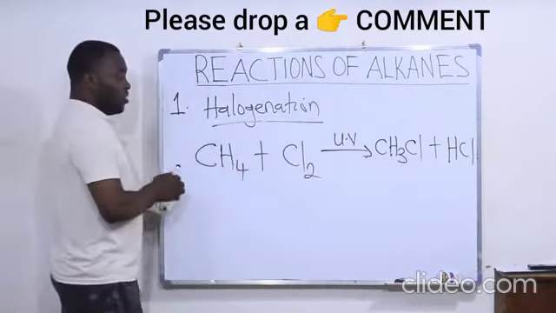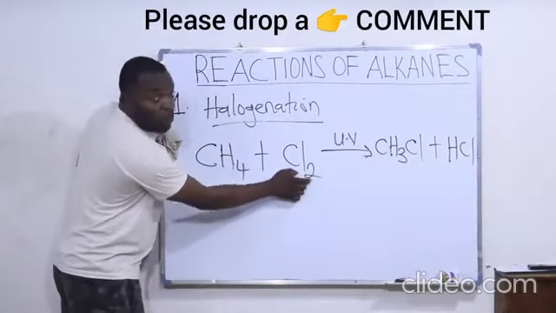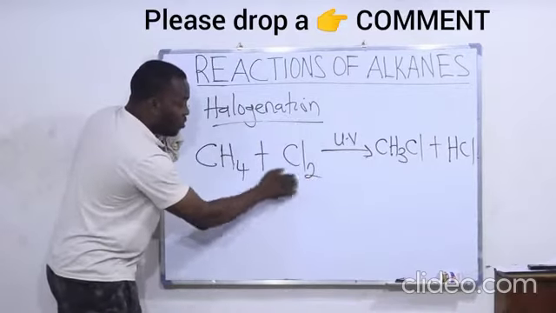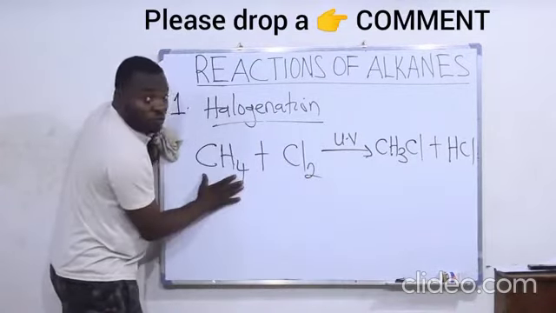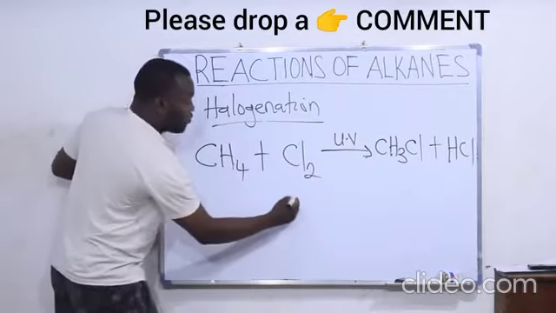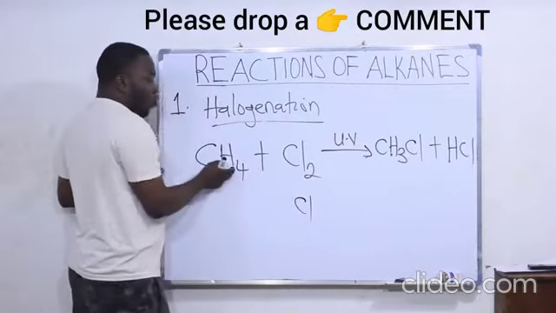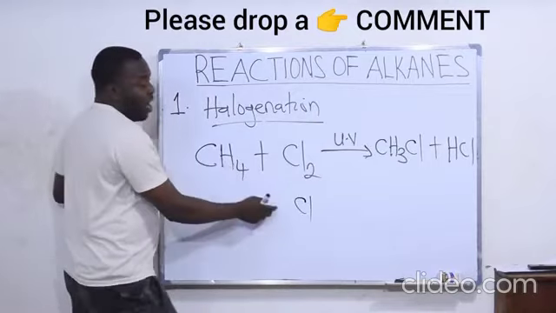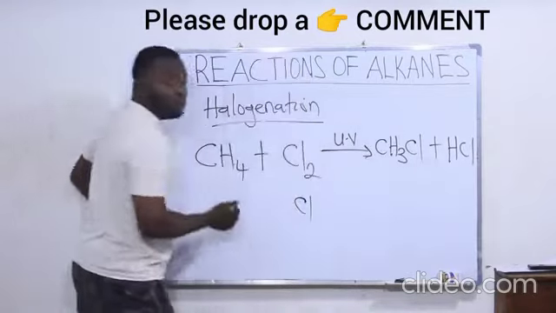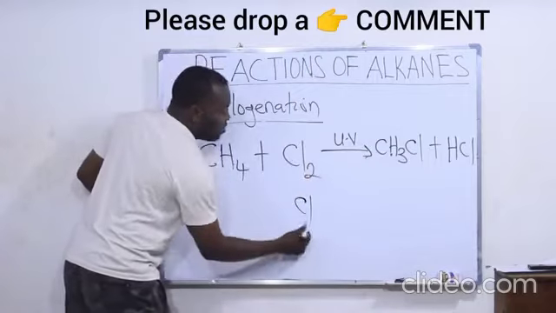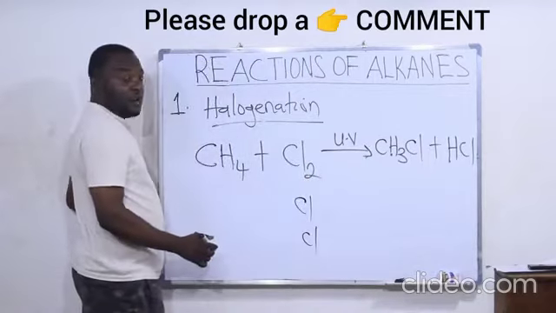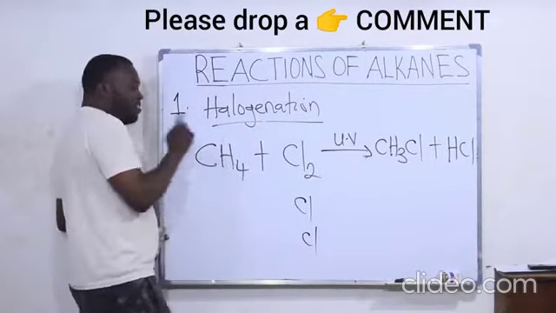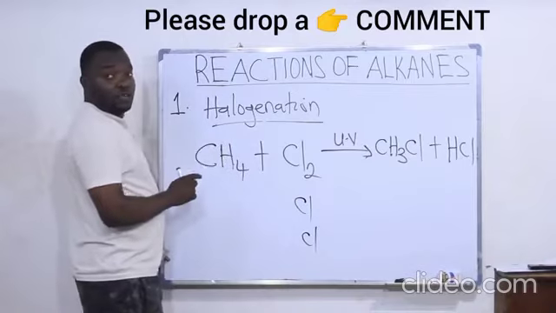See what happens here? The two atoms of the halogen come to react with this alkane. The first atom will pick one of the hydrogens from the alkane and form HCl with it, while the remaining chlorine radical will replace the position of that H that was removed.